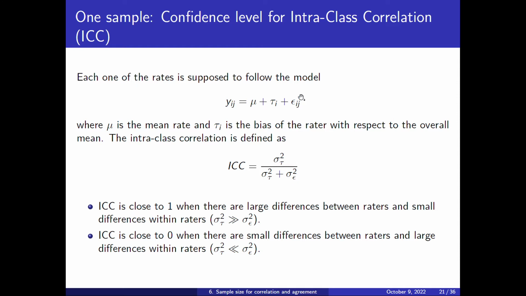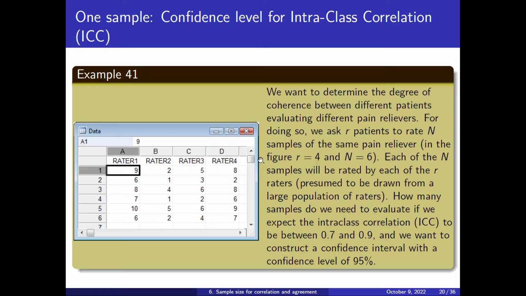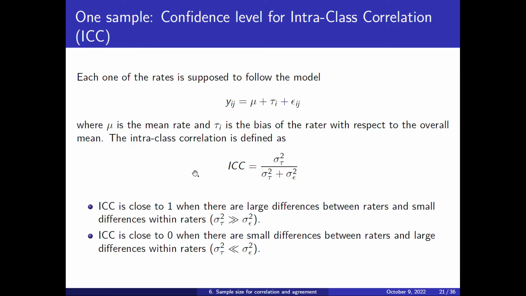This variance here, this noise, is the variance within the rater. So if he's totally coherent, sigma epsilon will be 0, and then the ICC would be 1.